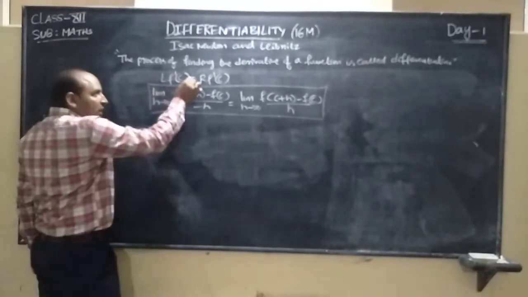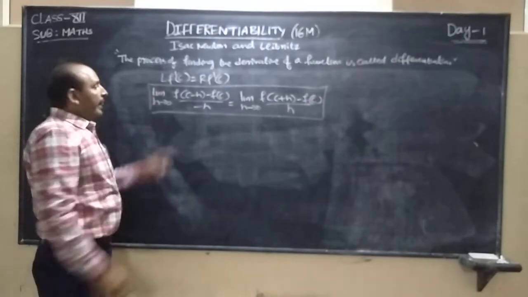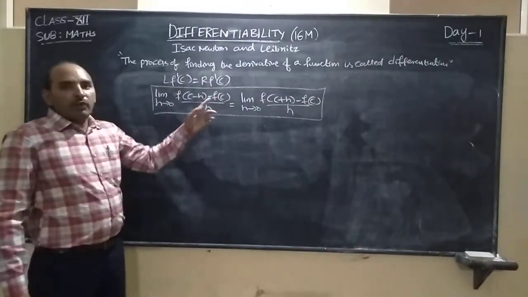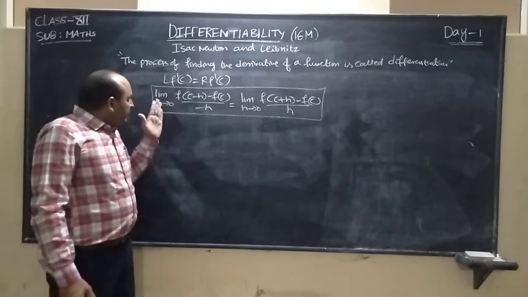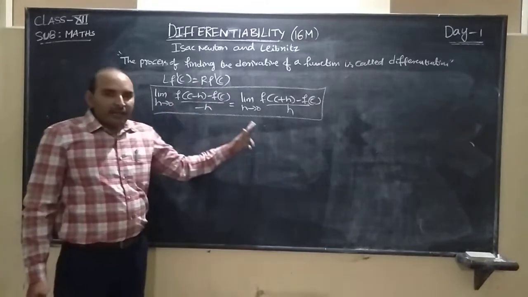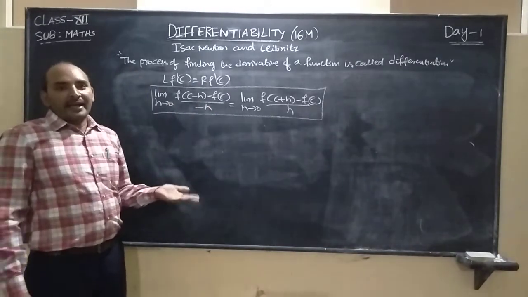If the left derivative of the function at x equal to c and the right derivative of the function at x equal to c are not equal, we say the left derivative and right derivative are not equal. The function is not differentiable at x is equal to c.